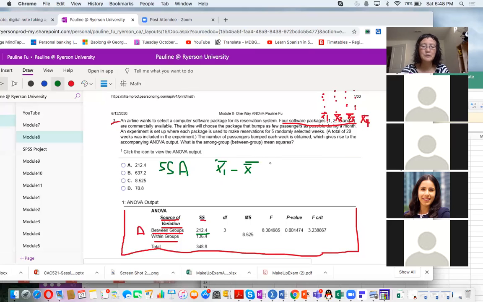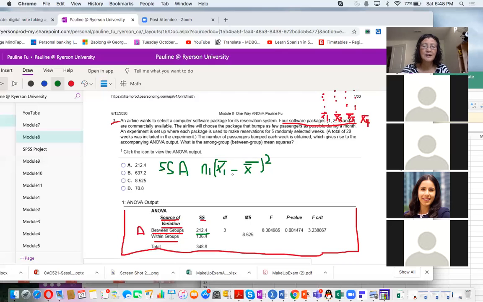Anyone has a question about this one? Use group 1 average minus total average, square it. Okay, and then times how many numbers in group 1? Suppose there is N1. N1 represents sample 1 size.